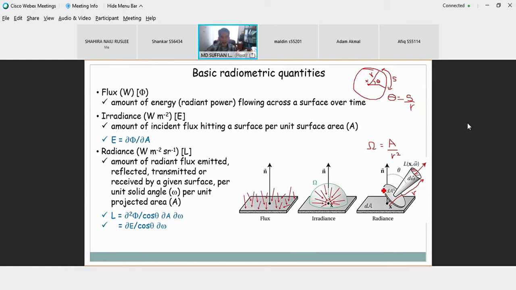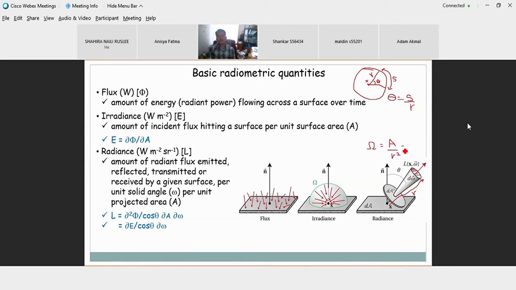So for a spherical, for the whole spherical, kita tahu bahawa A, area untuk spherical, apa formula dia? Anisha Fatma, how to calculate area for spherical? Kalau circle pi R square.